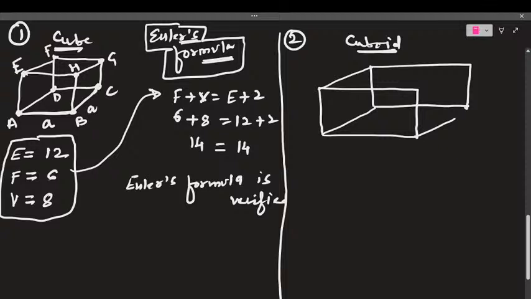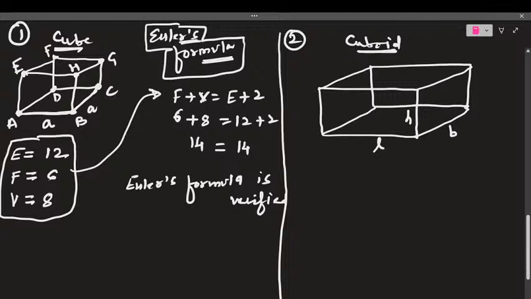Here length, breadth and height are not the same. Length, breadth and height are different. Now if you want to find some parameters related to a cube, I will tell you that. But the faces, edges and vertices are the same here in a cuboid as well. What are the different parameters that you need to quickly recall?